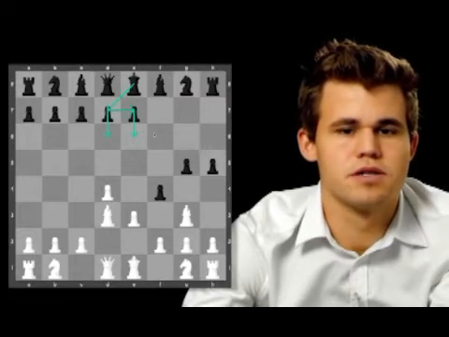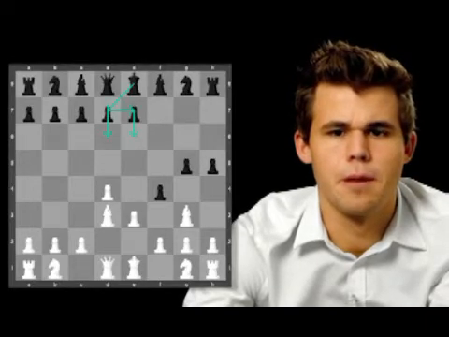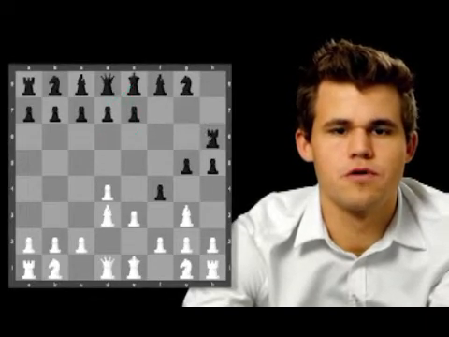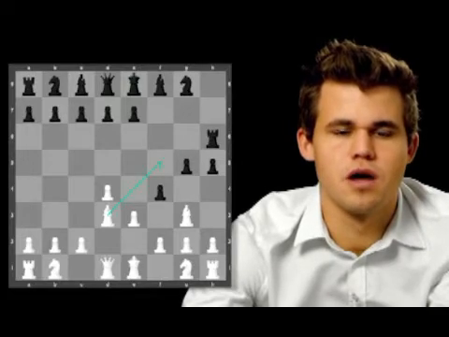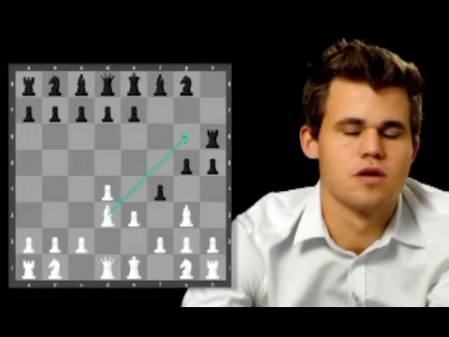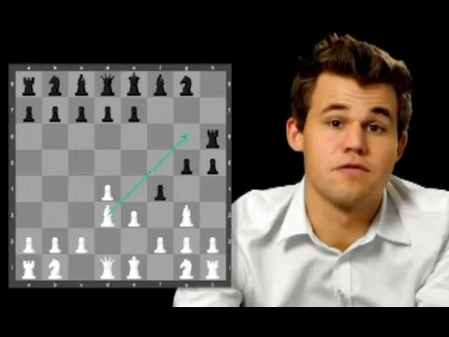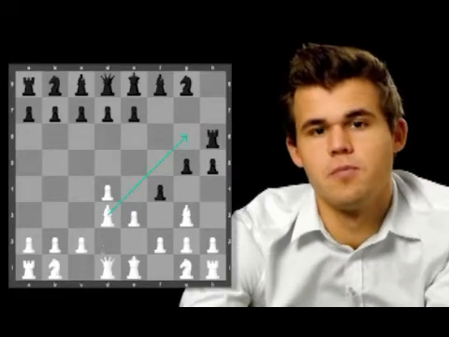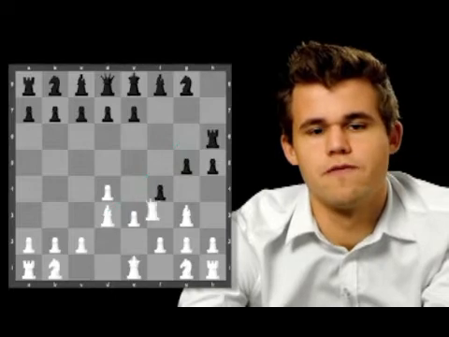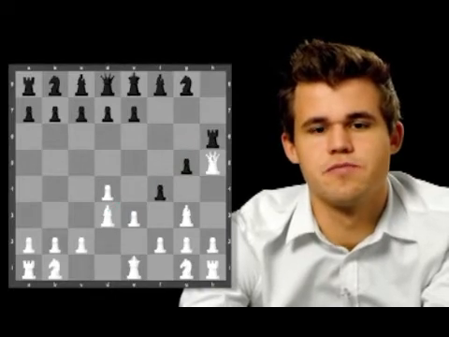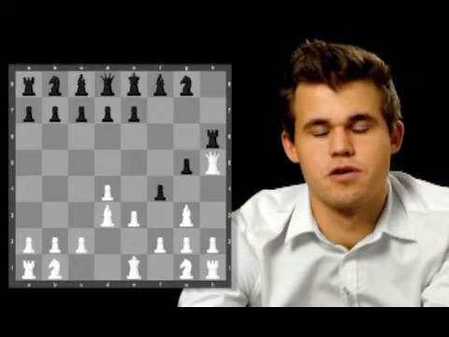But you might think that you can also move the rook forward, protecting against the threat of checkmate in one. But now we have a simple combination, overloading the rook.